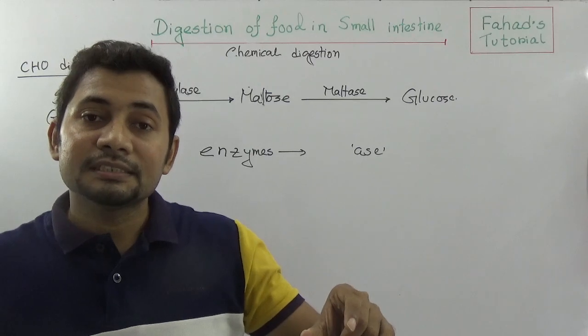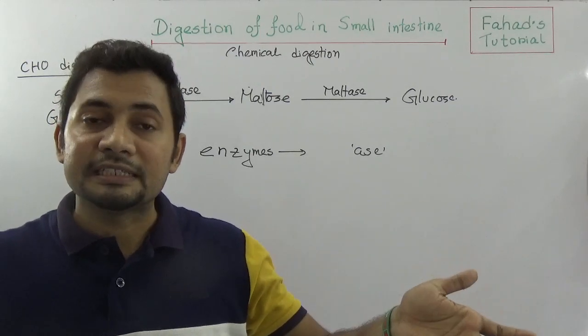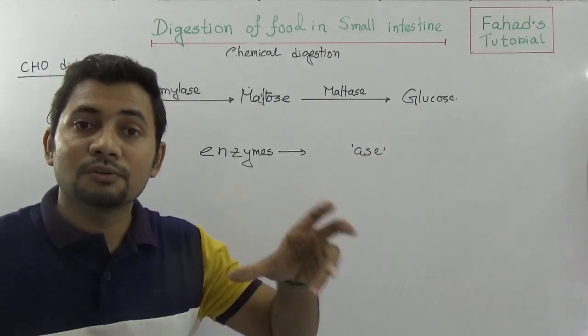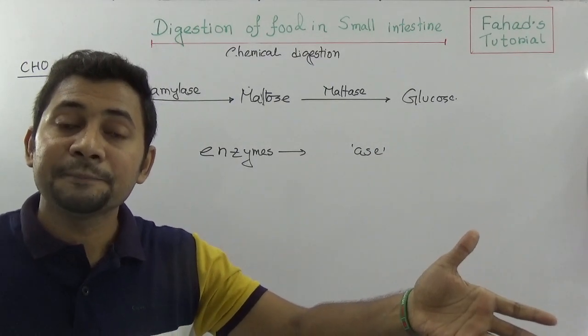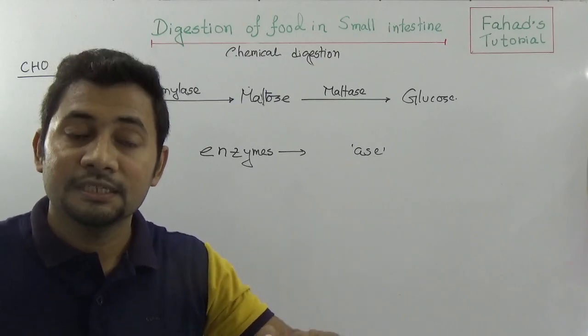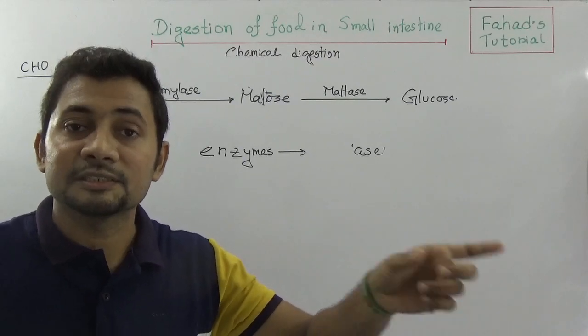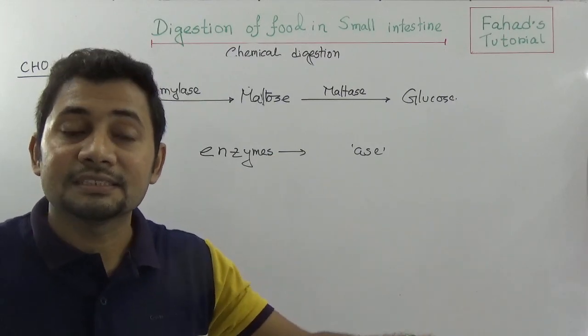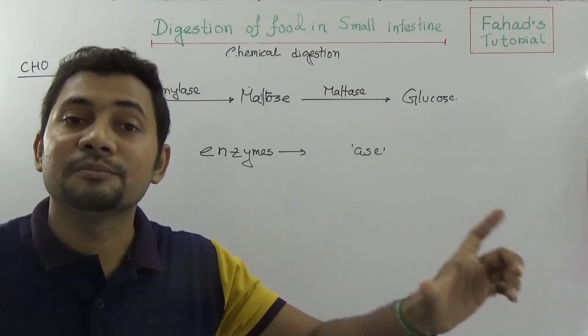So if there is a lipolytic enzyme like lipase, or if this is sucrose, it will be broken down by the activity of sucrase. Urea, urease; protein, protease; maltose, maltase; isomaltose, isomaltase.